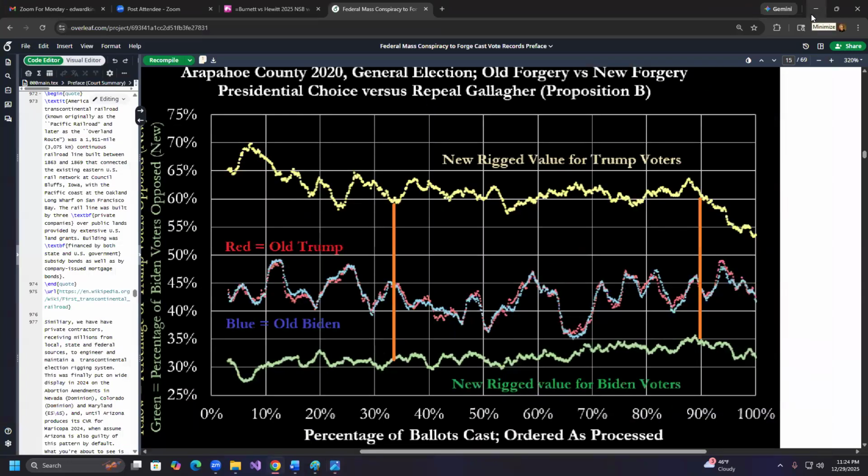In April of 2025, without notifying the court or the plaintiff, Andy Thompson, Arapahoe County changed its cast vote record from 2020, half a decade later. And now you'll see the yellow and green lines, which are the new values for how Trump and Biden voters voted on this proposition, are no longer in lockstep parallel motion, and the rates of change have no correlation.